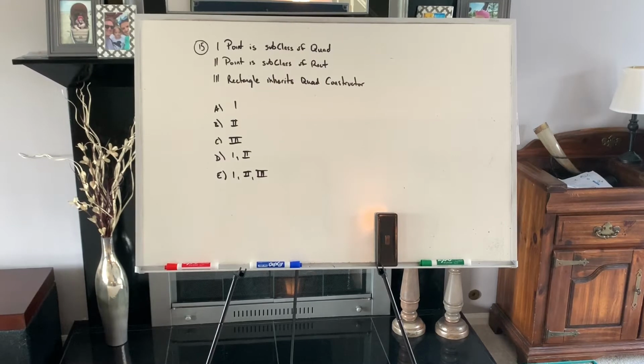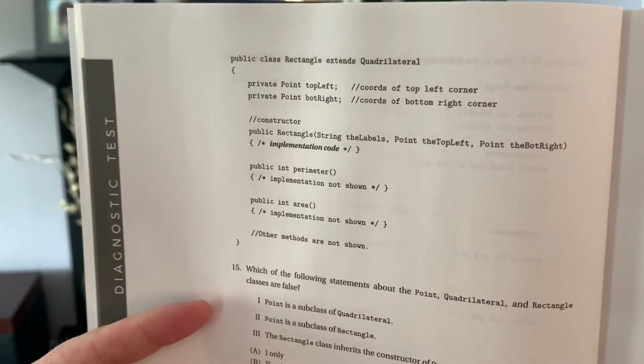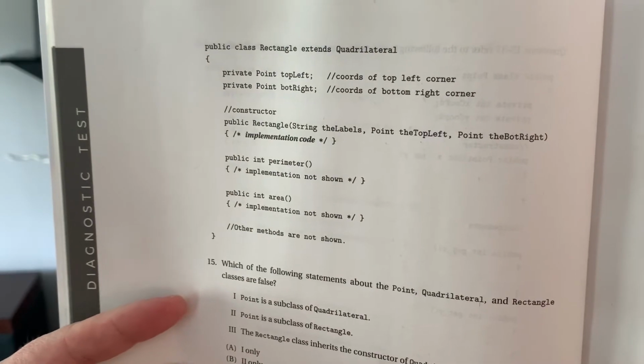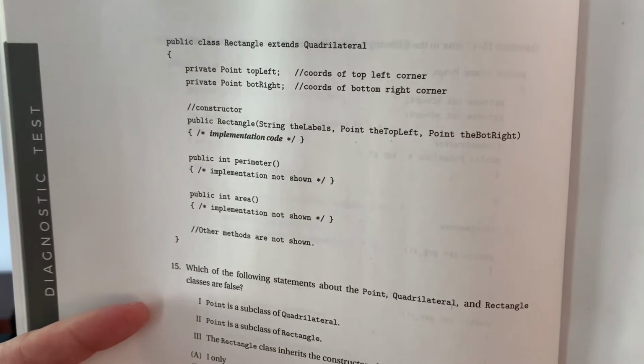Let's see, point is a subclass of, for the same reason, point isn't a subclass of anything. So 1 and 2 are definitely both false. Rectangle inherits the quadrilateral constructor. Now, rectangle is a subclass of quadrilateral, and it inherits everything from quadrilateral.